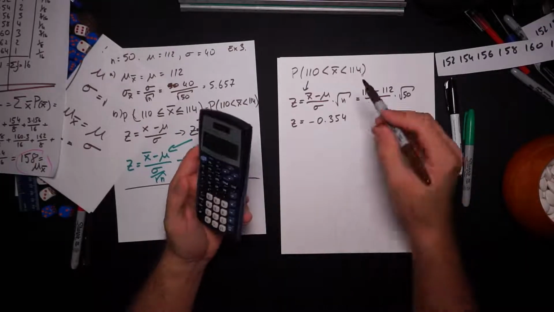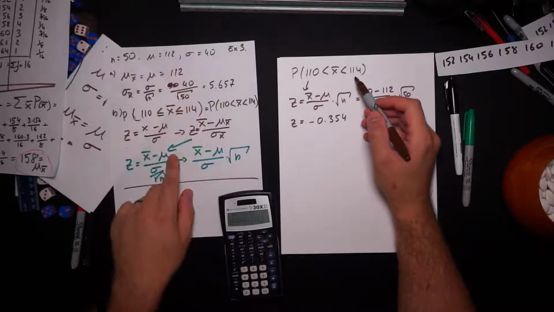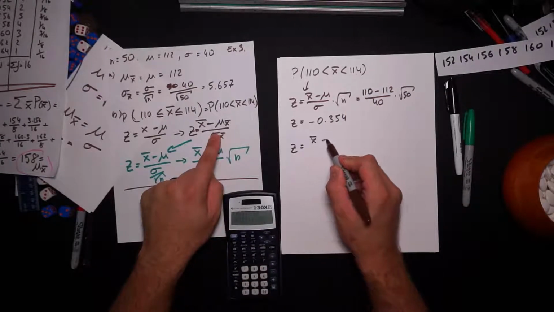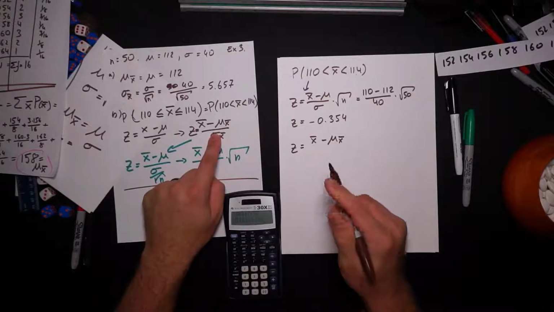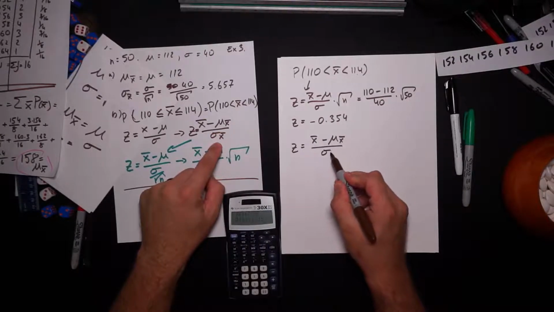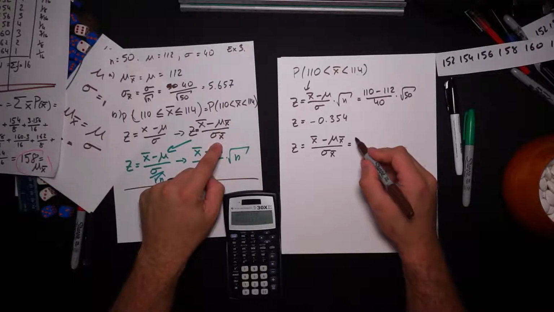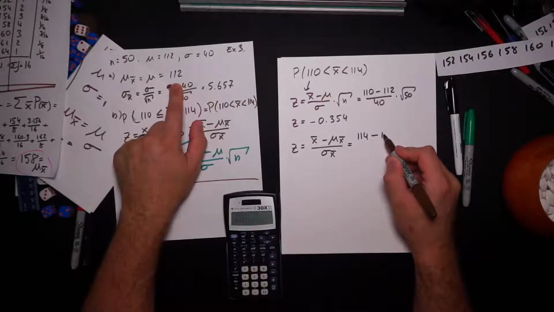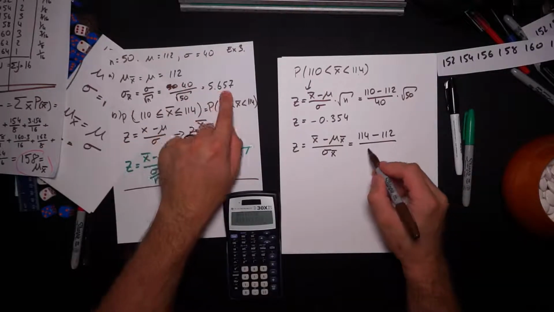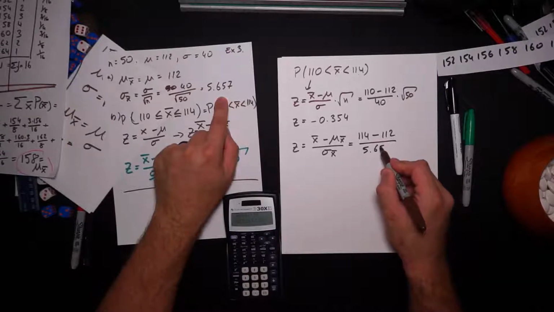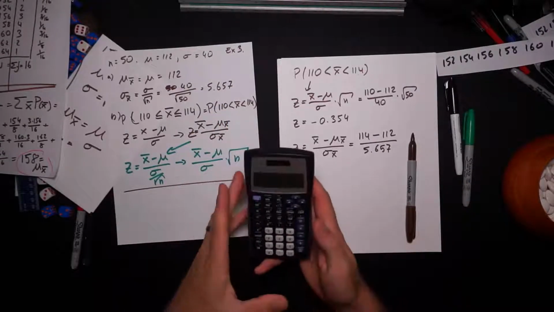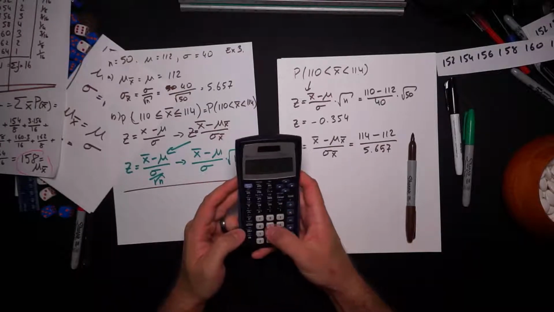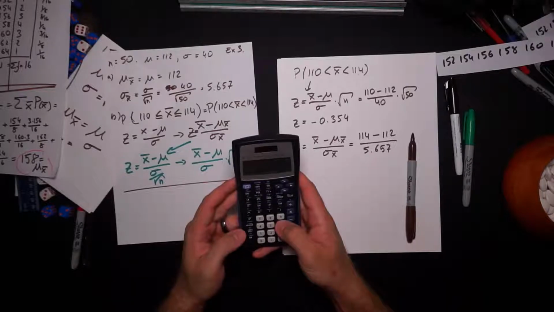Okay. And I'm going to solve this one using this formula. So this is 114 minus 112 divided by 5.657. And again, 114 minus 112 divided by 5.657.